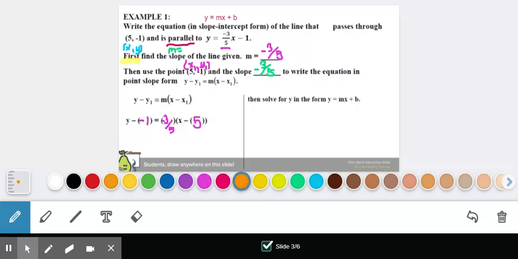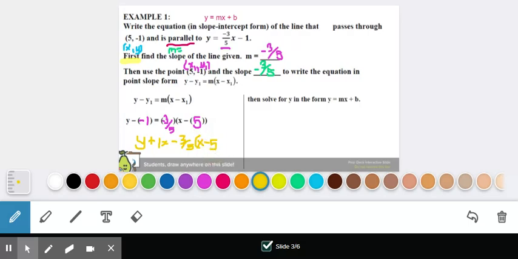I know that minus -1 is actually plus. In math, two wrongs do make a right. So we have y plus 1 equals -3/5 times x minus 5.